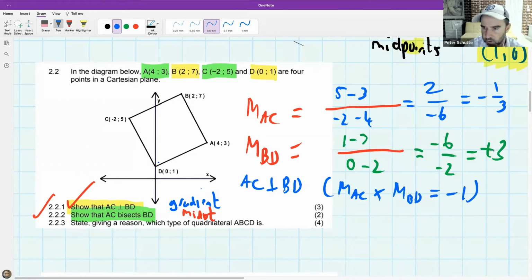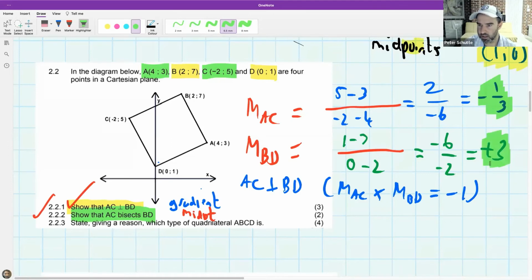When you multiply them, you get -1. So it's perpendicular because when you multiply the gradients, which are not equal, you will get -1. Okay, does AC bisect BD?